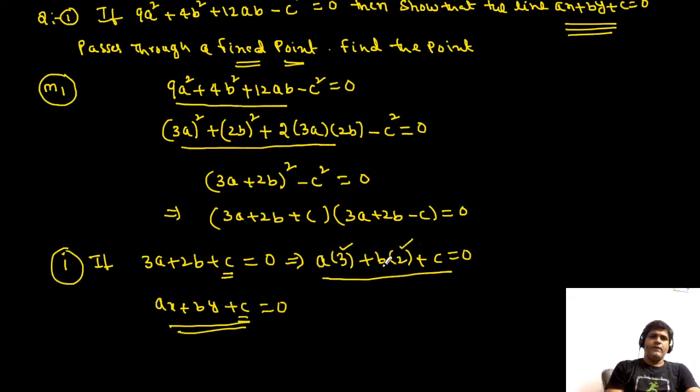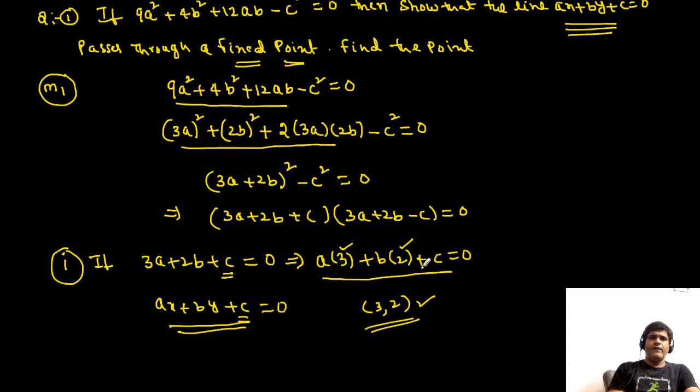So whatever the values of the parameters a, b, c might be, this family ax + by + c = 0 always passes through the fixed point (3, 2), because in place of x we got 3 and in place of y we have 2.